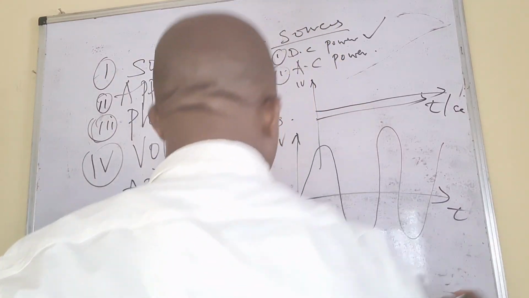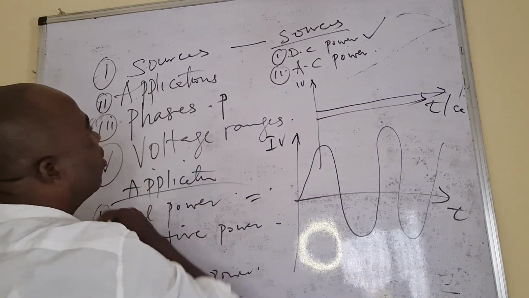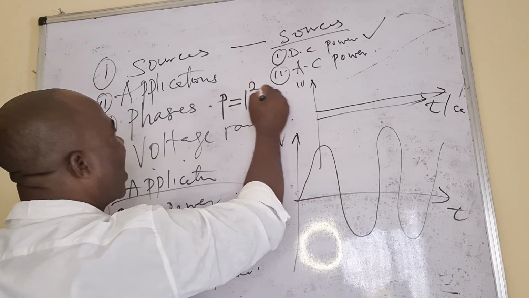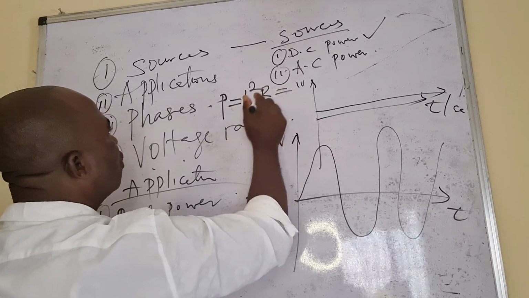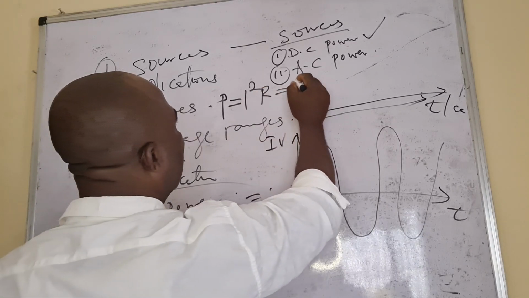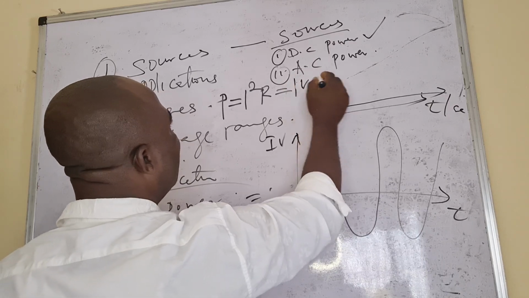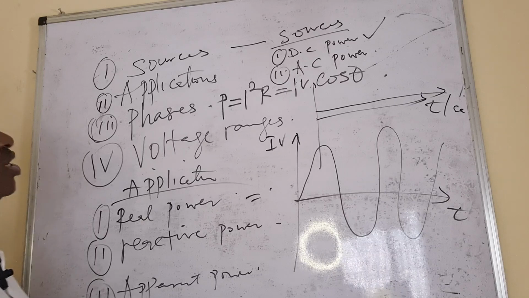So mathematically we can now say that active or real power or actual power is equal to I squared R, which is equal to V I cos theta.